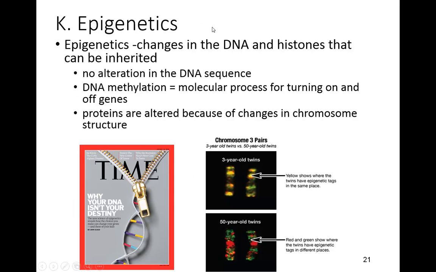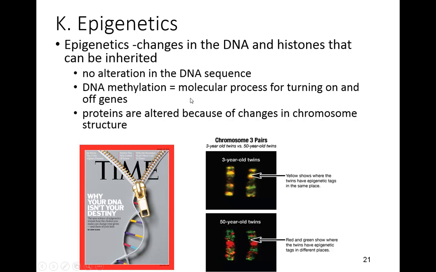Epigenetics is changes in the DNA and histones that can be inherited. So this is not inheriting a gene from your mother or your father, but inheriting maybe the gene that is turned on or off.